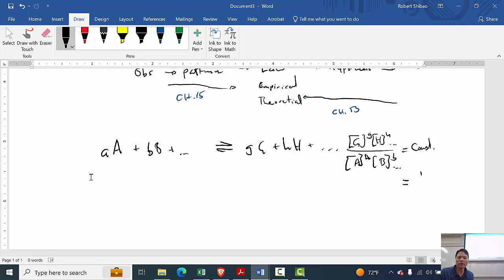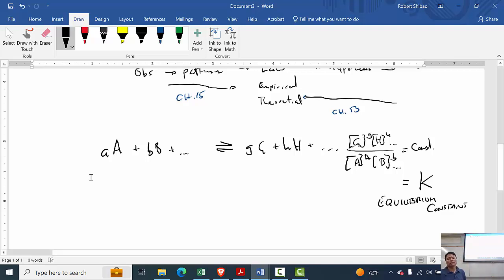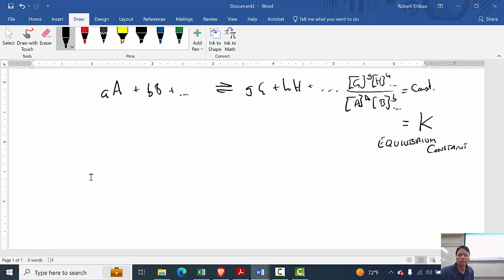And we're going to call this constant K. K is called the equilibrium constant. In this case, this is Kc, because we're using concentrations here.